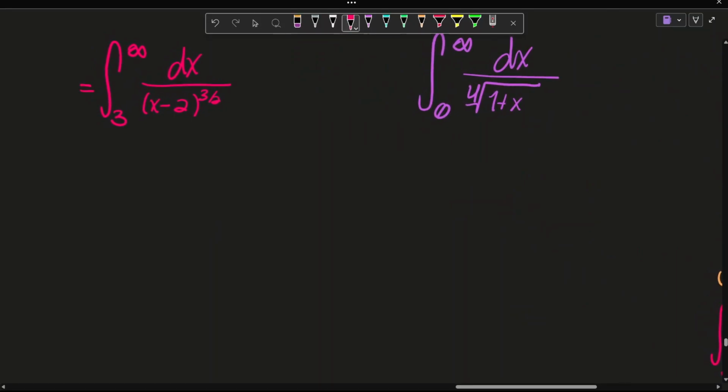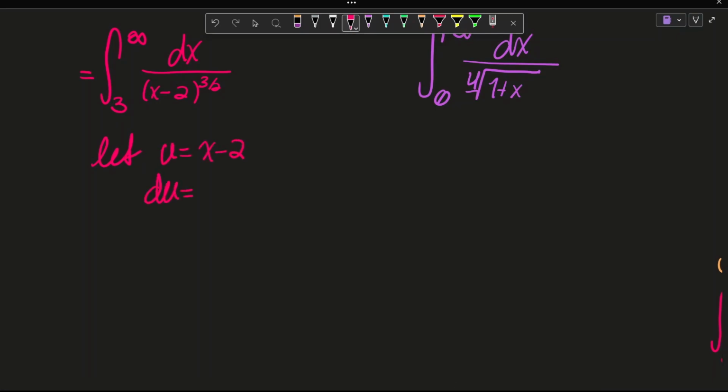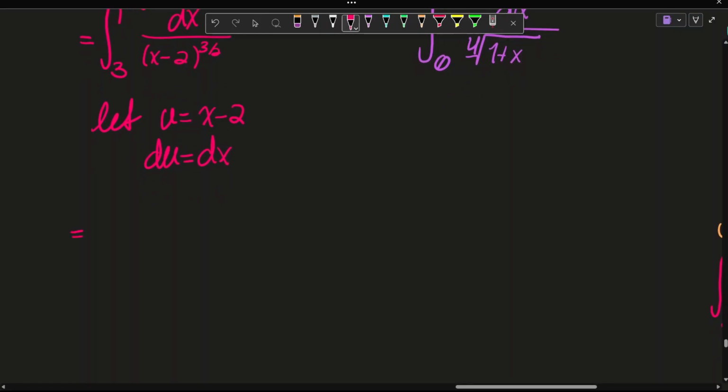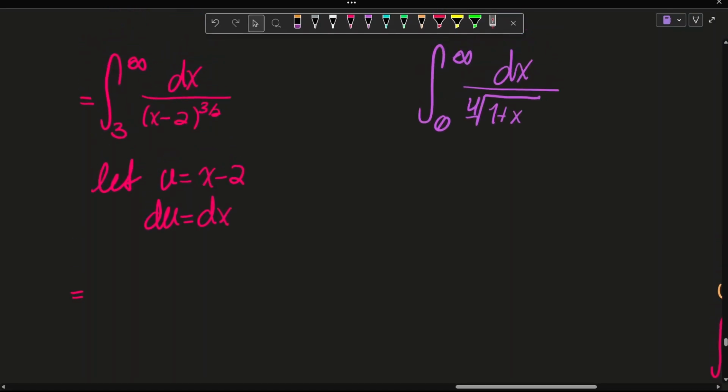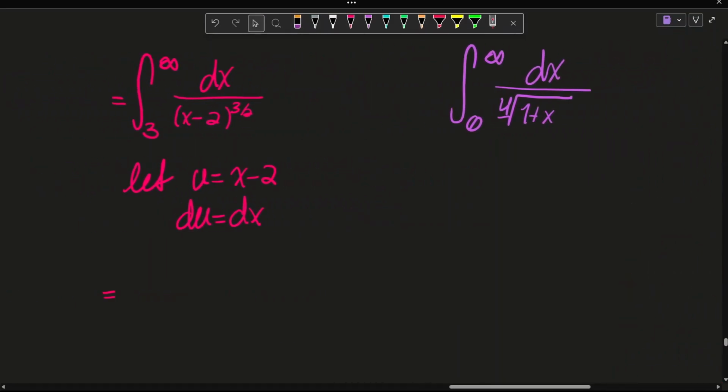Okay, so now here we have a pretty simple integral. We just let u equal x minus 2, thus du is dx. We can also do the change of bounds. As x approaches 3, u approaches 1.